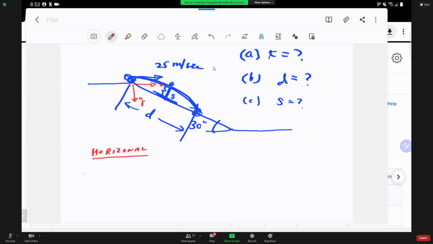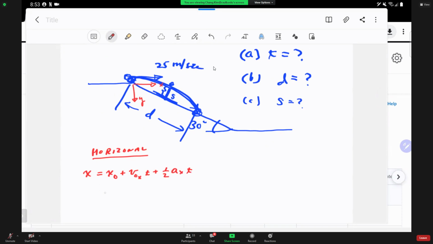So the position of x is defined to be x naught plus v naught x t plus 1/2 a x t squared.